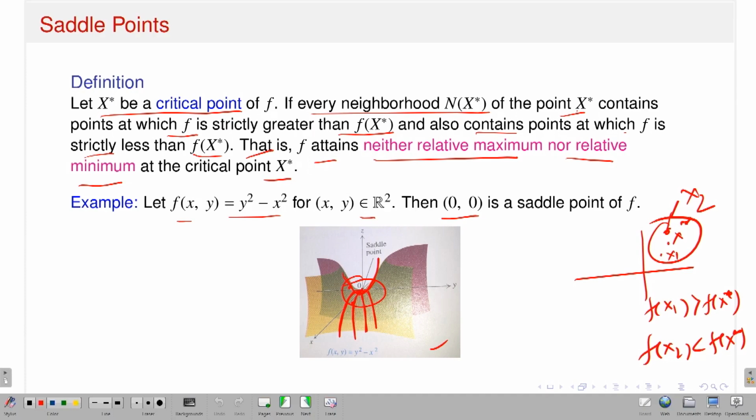Then I said that if local maxima or local minima or global maxima, global minima exist, then these are the points where they might be attained. There I introduced the notion of critical points and associated critical value, and of course, there is a point called a saddle point, where neither relative maxima nor relative minima is attained at that critical point. So, these are the kinds of definitions I have introduced.